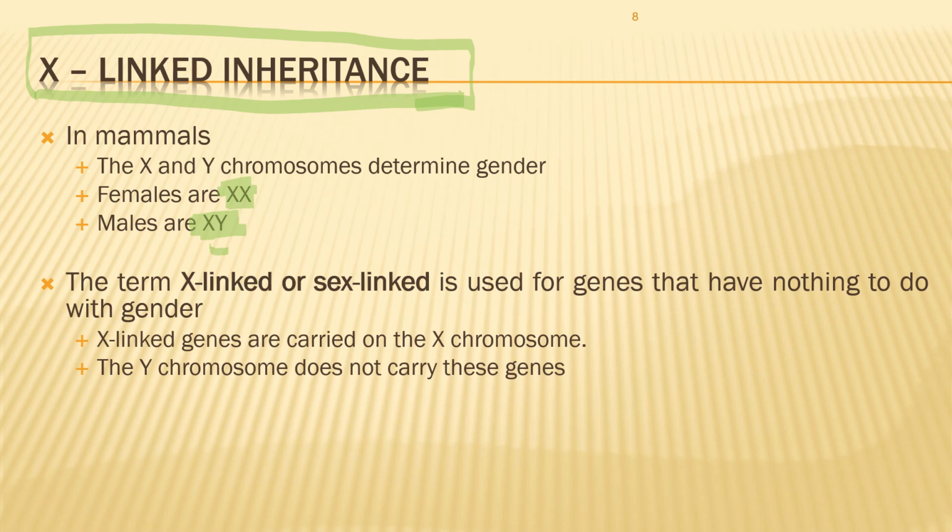So if a male gets a defective gene on an X chromosome, they essentially can't be a carrier because they only have one X chromosome. So with a defective gene on one X chromosome, they have that disorder. Whereas for a female to have that disorder, she has to inherit the defective gene from both parents, because she has two X chromosomes.